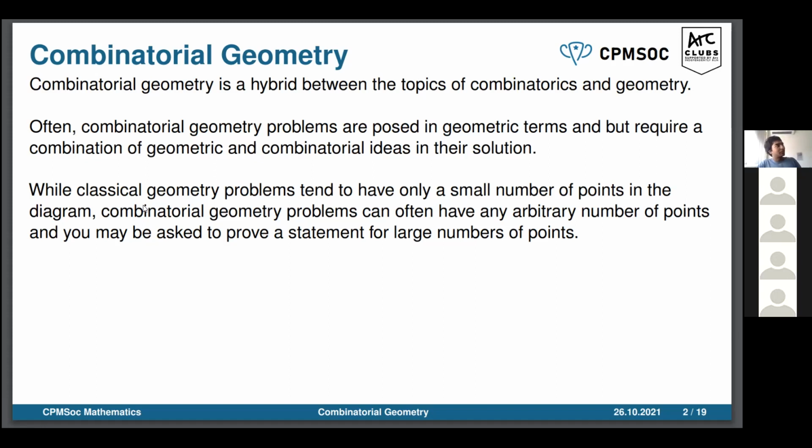So you may be asked to prove it for all values of n, where n is the number of points, or if n is the number of lines, for example. So you could have an arbitrarily large number of points and lines in lots of problems. That's one interesting thing about these types of problems.